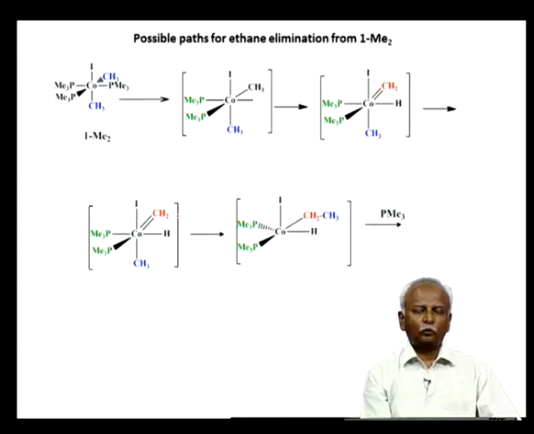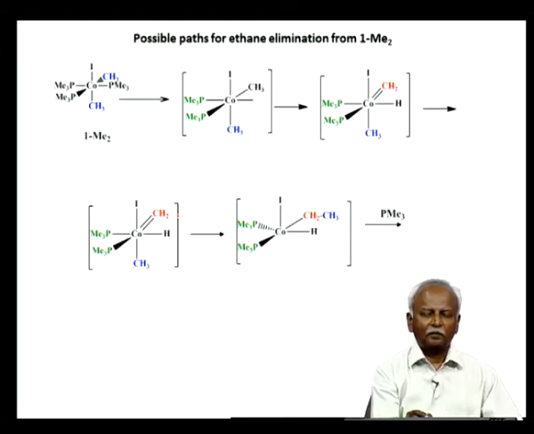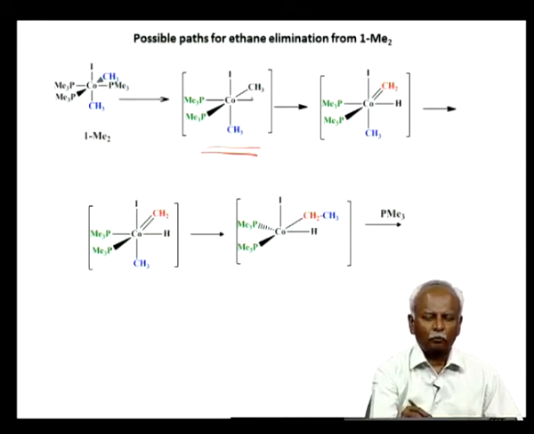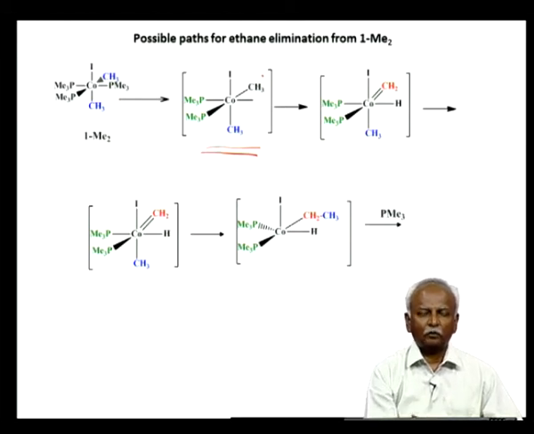Considering the fact that you require a vacant coordination sphere on the metal, let us generate it with this 5 coordinate intermediate. Having generated a 5 coordinated intermediate, you could in principle generate from this methyl group, you have 3 hydrogens on this methyl group.